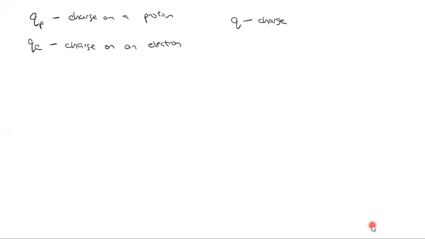Now, the unit of charge is named after a scientist who did research in this area, and it's named after Coulomb. So the unit is Coulomb, with a symbol of capital C. So that is the unit of charge.